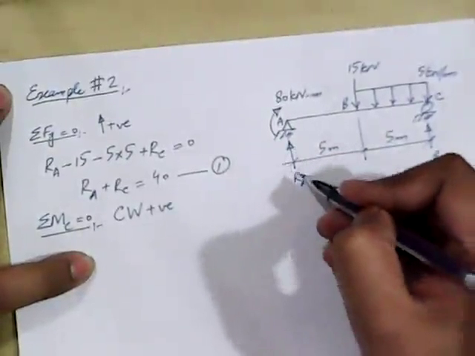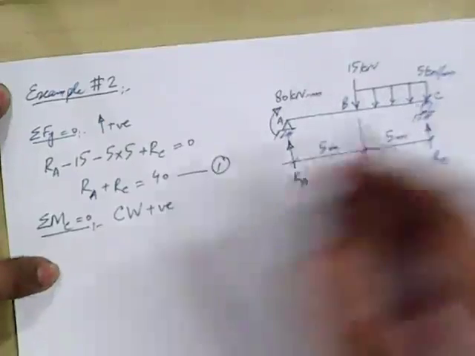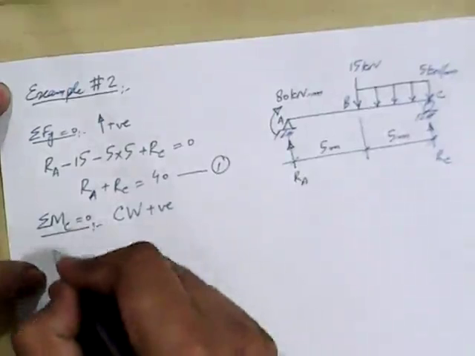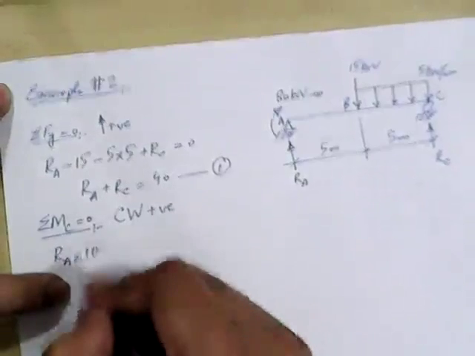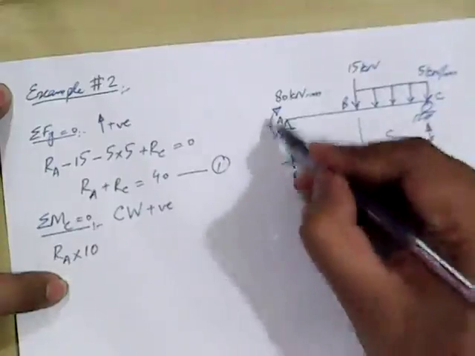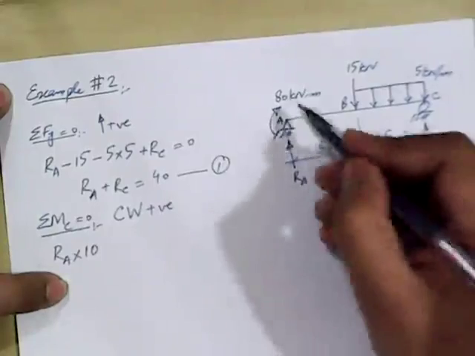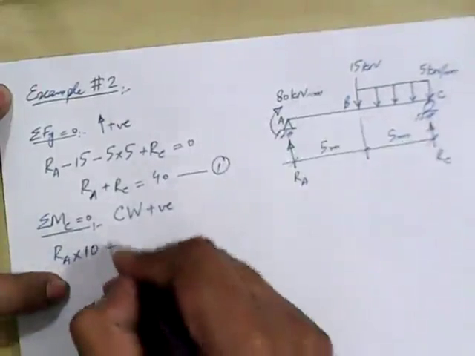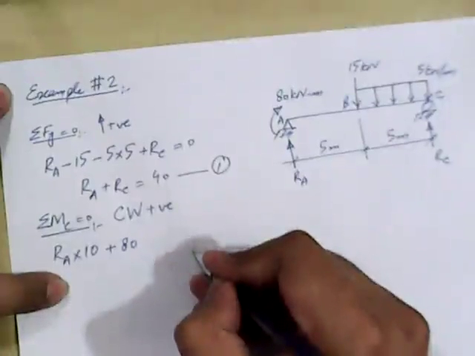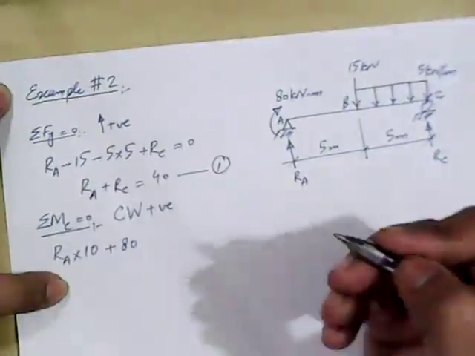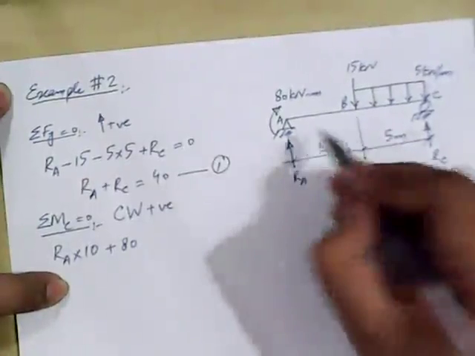RA will produce moment in the clockwise direction about point C. So our equation will be RA into 10, where 10 is the lever arm, and then this moment that's acting at point A. This moment is in the clockwise direction, so again it will be positive, plus 80 kilonewton meter. And as this is a moment by itself, we do not need to multiply it with any lever arm.